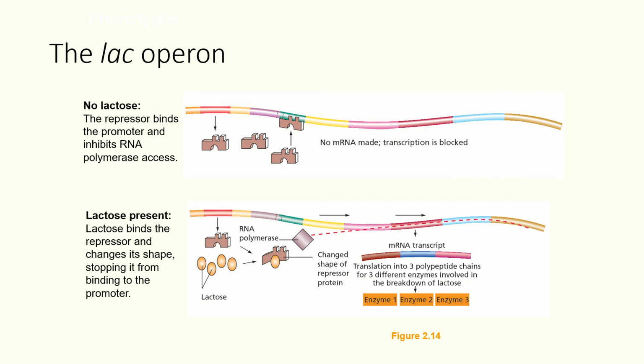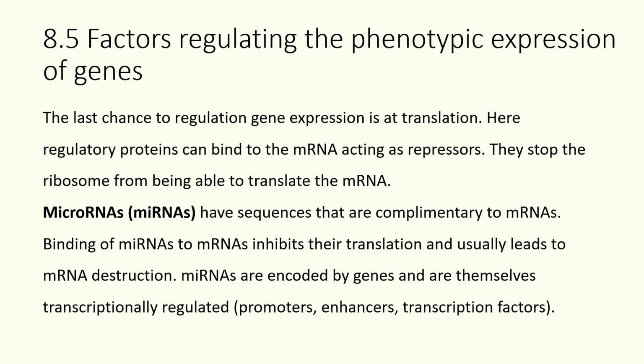Okay, then transcription can occur and these enzymes are made, and the E. coli can go to town, chowing down on those delicious lactose molecules. When there's no lactose present, then the repressor binds to the promoter and stops the gene being transcribed. Okay.